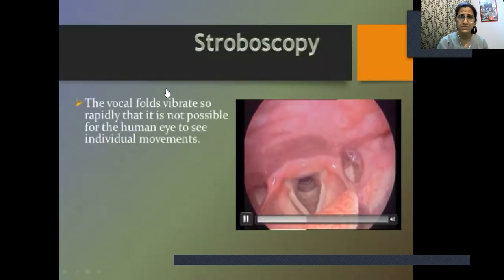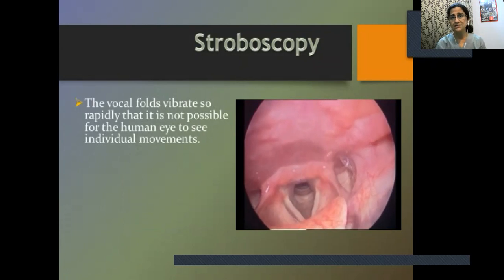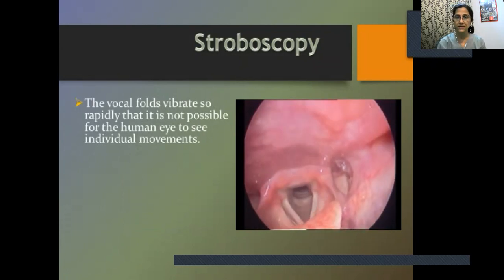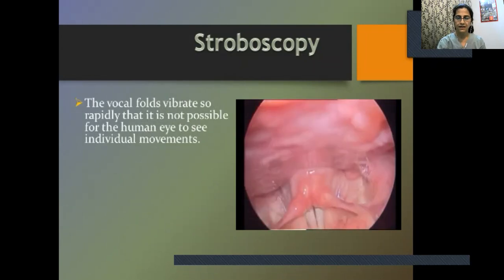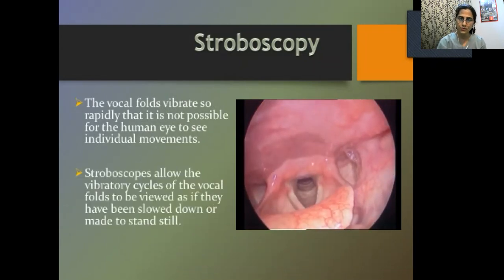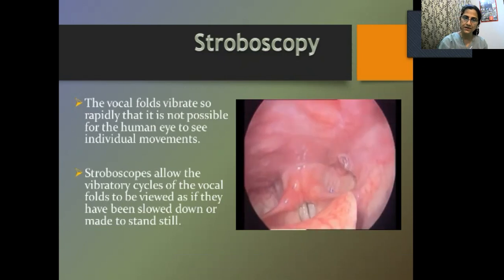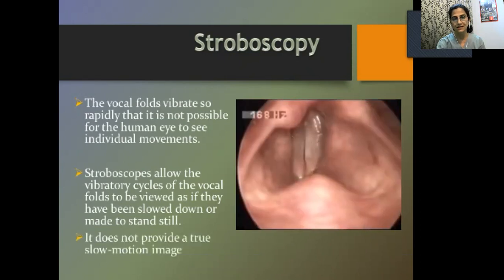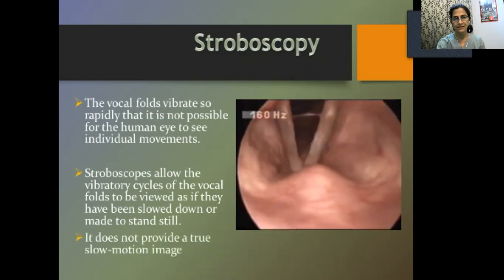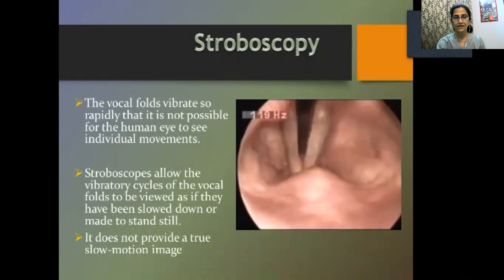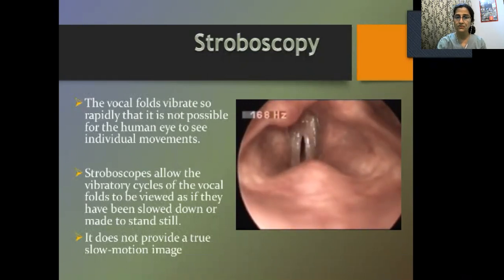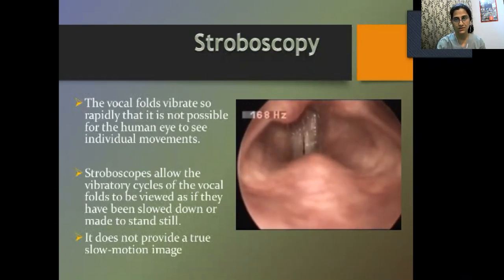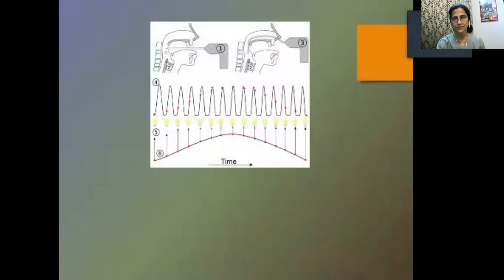But these vocal folds vibrate so rapidly that it's impossible for the human eye to see the individual movement. The stroboscope allows these vibratory cycles of the vocal folds to be viewed as if they have been slowed down or made standstill. But it does not provide a true slow motion image, as you can see in this video.